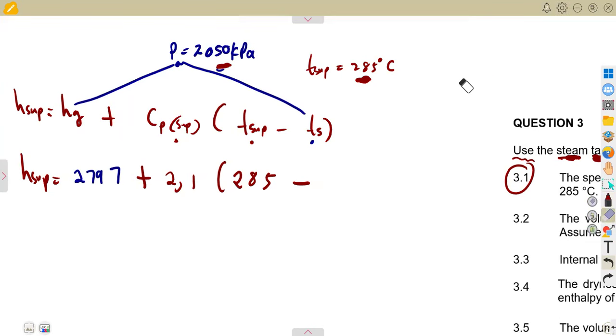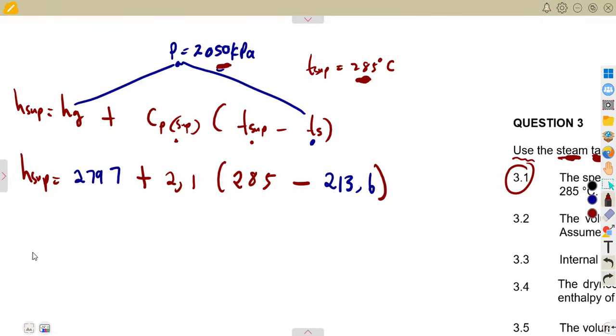At this pressure, we saw that our Ts was 213.6, a value that we got from our steam table. So be careful on that part. This one and this one we are given.